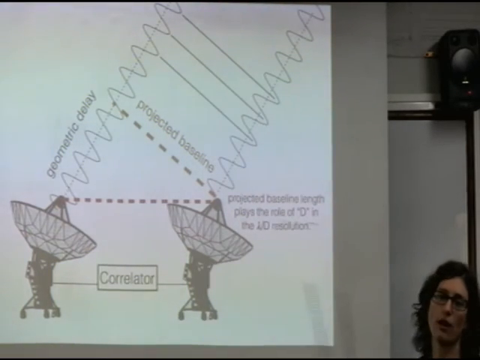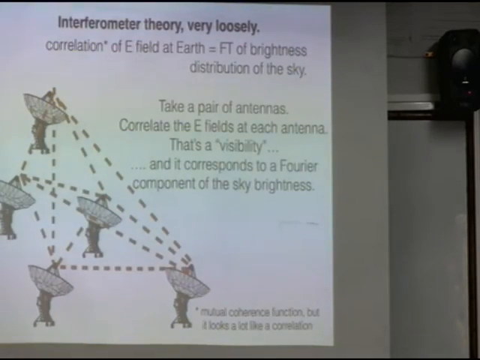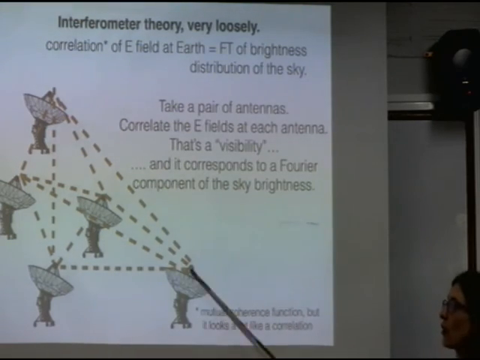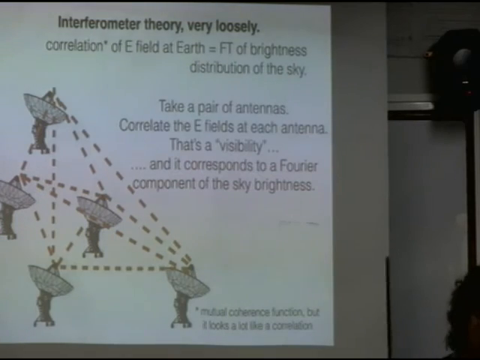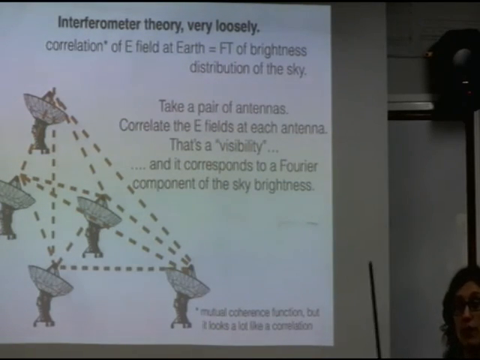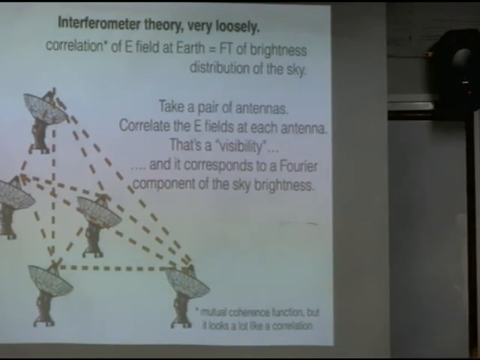This is just for two antennas, but of course the fun thing is that we have many more. So you make correlations of all pairs of antennas, and the larger your number of antennas, the more information you are recording from the source that was up there.